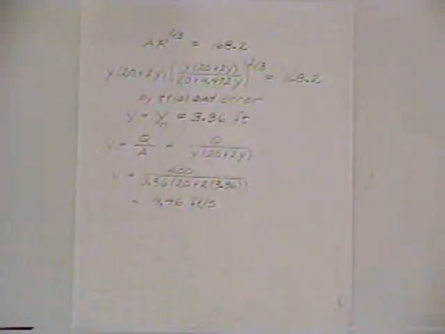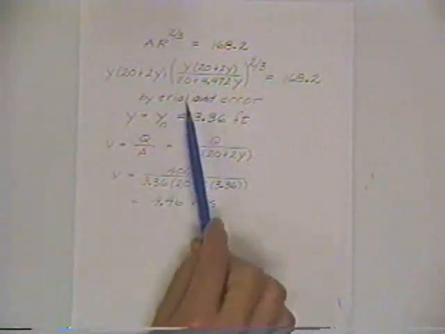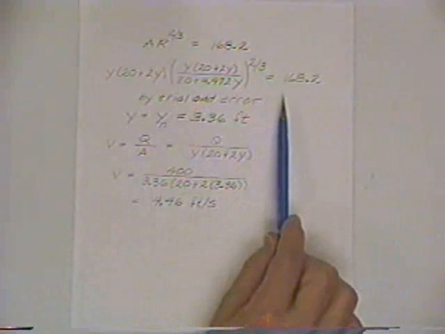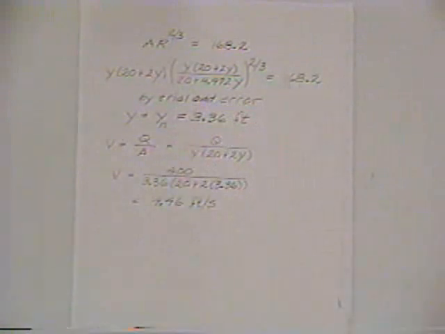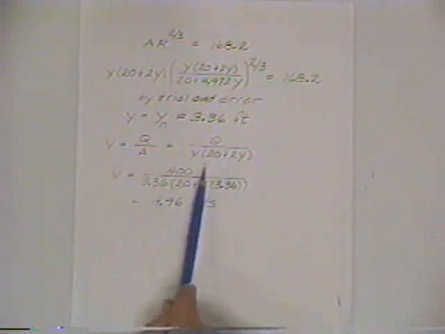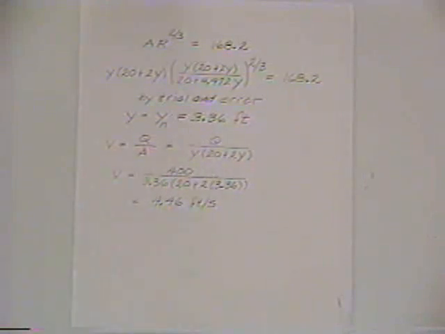And when we do that, we've got an expression in terms of y, and we can solve for the depth y and get 168.2. And by trial and error, that comes out to 3.36 feet. And then from that, we've got the depth. If we wanted the velocity, we divide the discharge by the area to get the velocity.